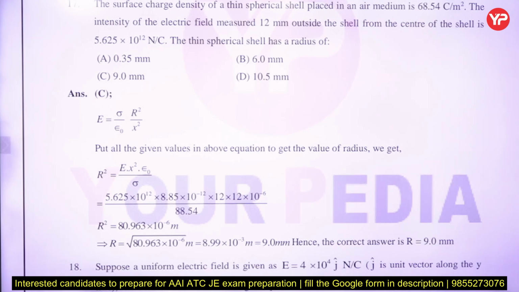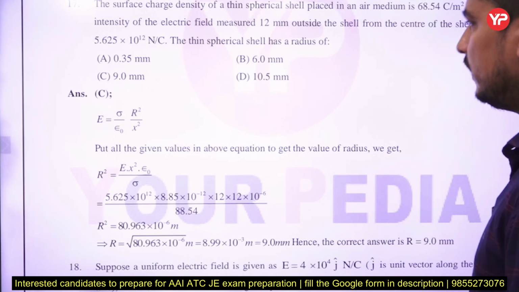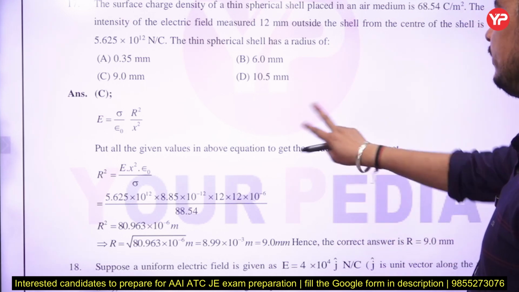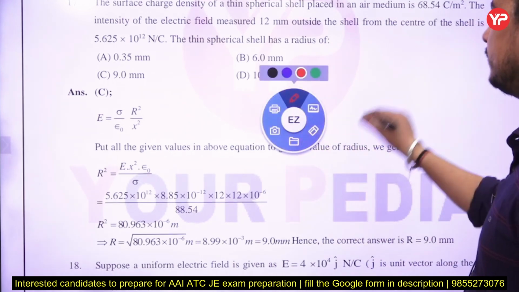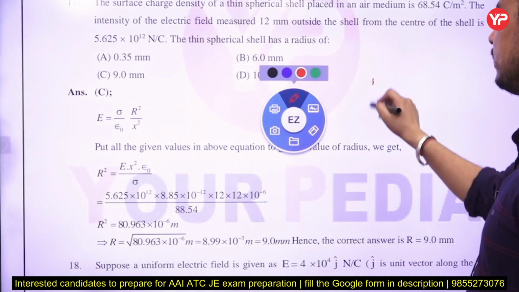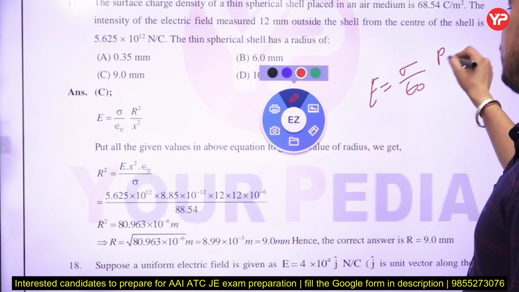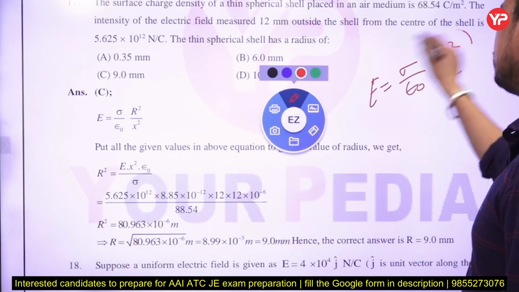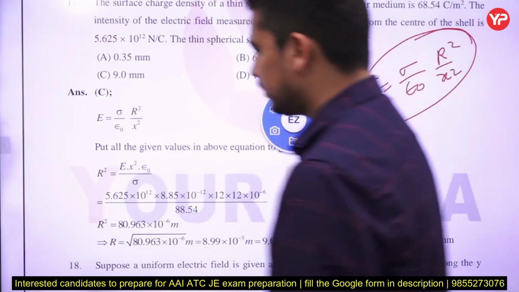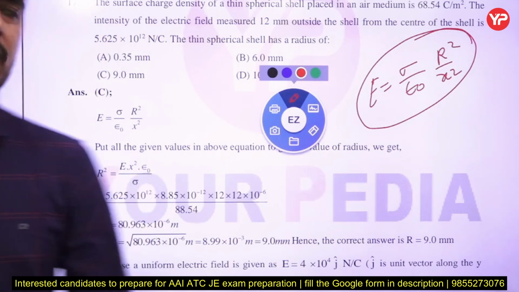The tiny spherical cell has a radius of... So when we talk about the electric field intensity outside that tiny sphere, we will derive a relation in class, that is sigma upon epsilon naught times r square over x square. That is the formula for electric field intensity outside that spherical cell, right?